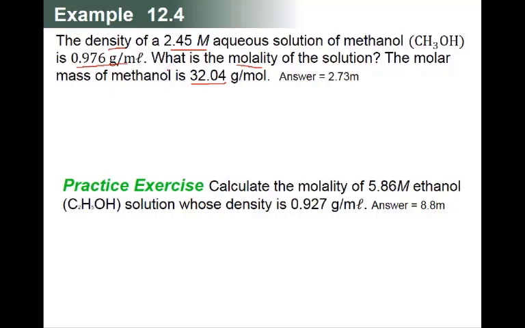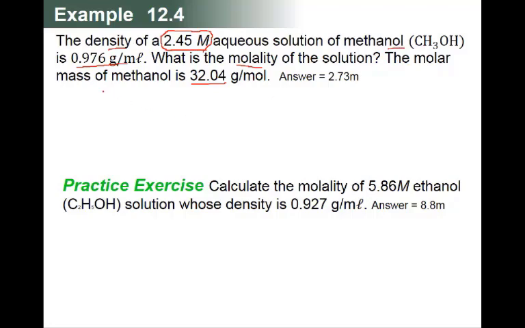So what you have to do, first you have to convert this molarity, because molality means moles per kilogram, so moles of methanol are given 2.45. This is the molarity, means moles per liter, so this means the moles of the methanol, same thing.